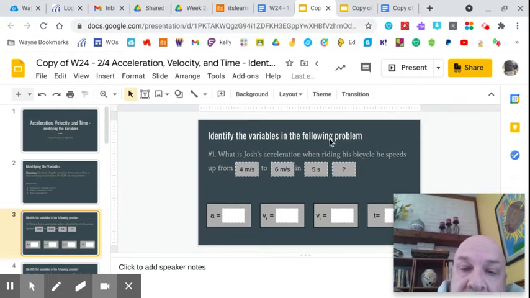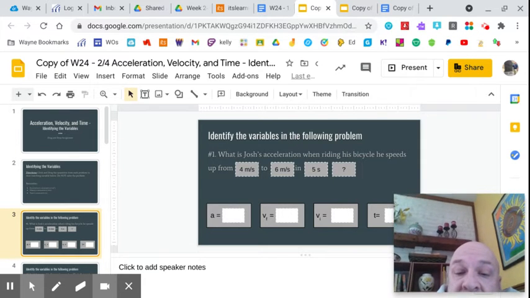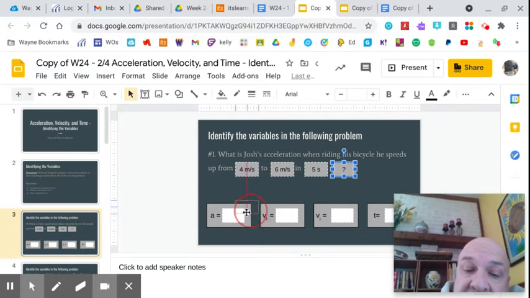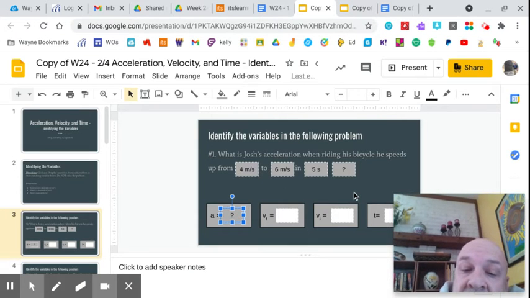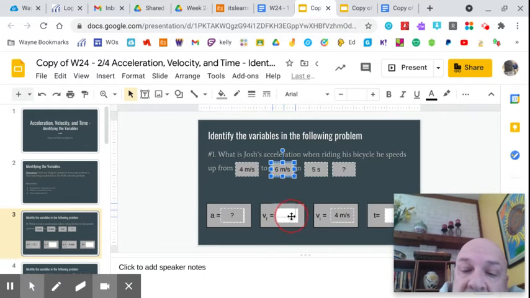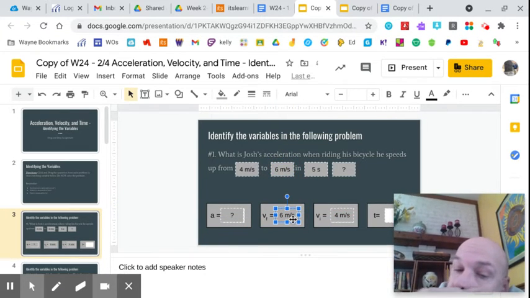Let me try one here. It says, what is Josh's acceleration when he rides his bike? When riding his bicycle, he speeds up from 4 meters per second to 6 meters per second in 5 seconds. So what are we looking to find? Well, we are looking to find his acceleration because it says, what is his acceleration? His initial velocity was from here to here, which is where he finished, all right?